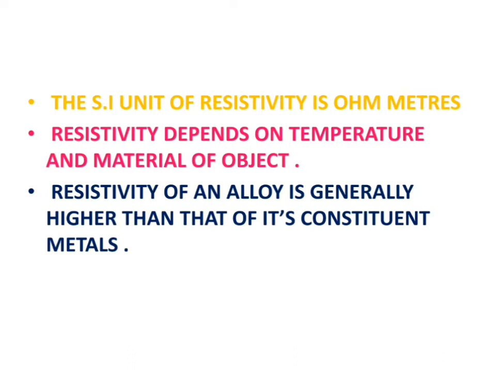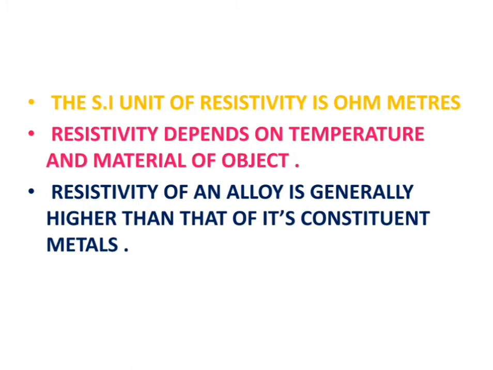The next point is that resistivity depends on temperature and material of the object. Then, resistivity of an alloy is generally higher than that of its constituent metals. Resistivity depends on temperature and material of the object. For example, if we have a copper wire, then its resistivity will always be the same regardless of length or area of cross section.